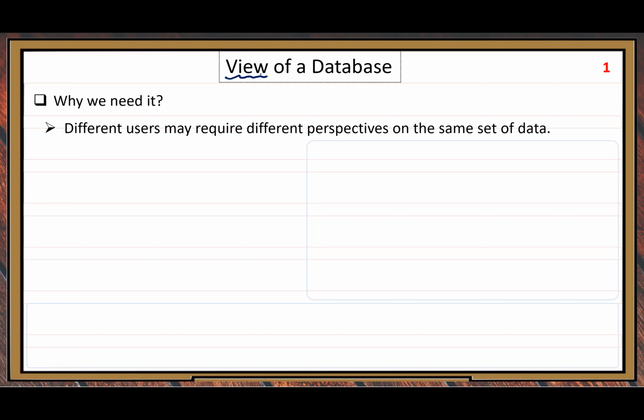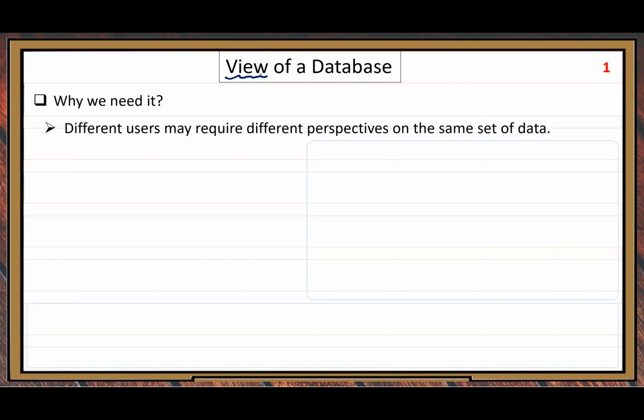But in that case, different users, based on their business needs, like to view different parts of the data. Sometimes they like to view derived data, not your original data directly.